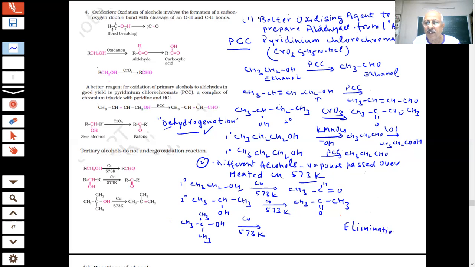What elimination will take place, student, in this case? Look, what elimination did we tell you? What elimination did you do, students? Alpha hydrogen elimination. Here, what elimination is possible? Students, see what is happening.